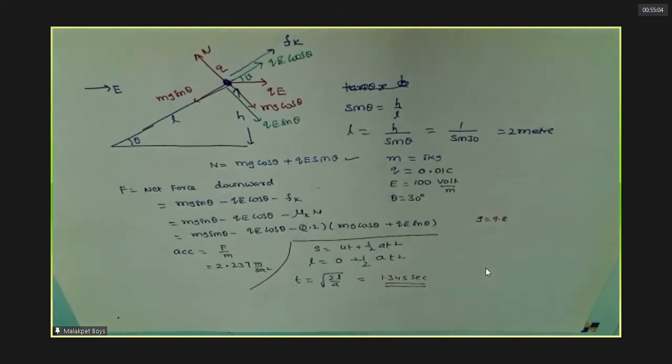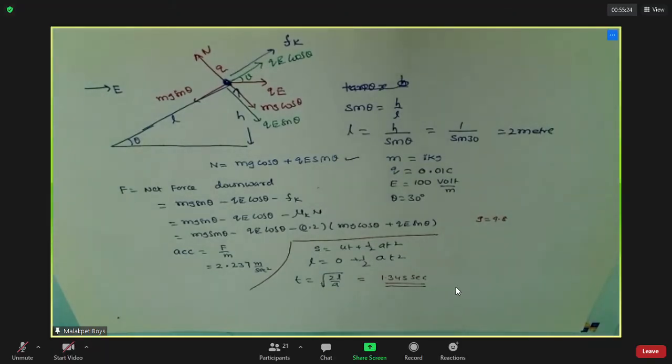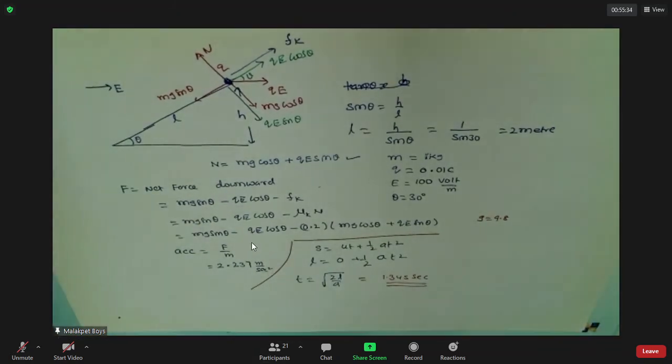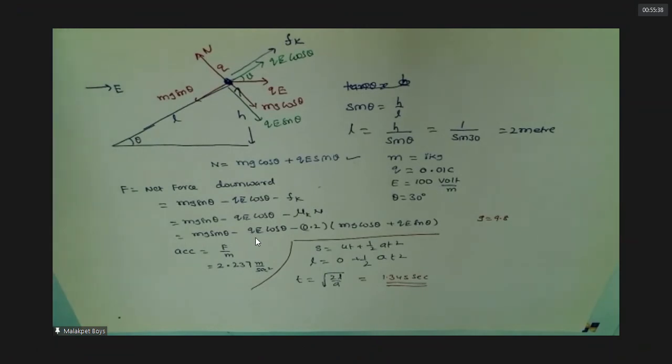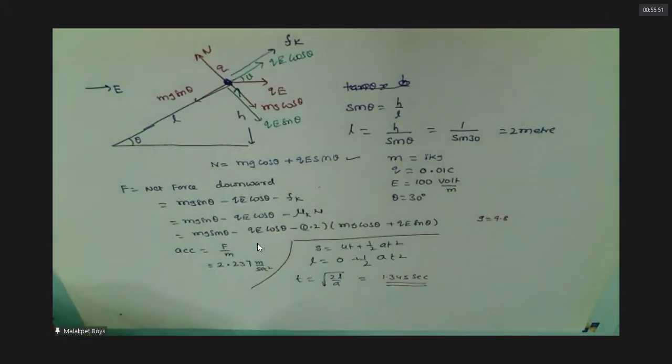Complete this. Yes, sir. Finished. See the questions which I am posting, make a note in your notebook, because to save time I am doing this.